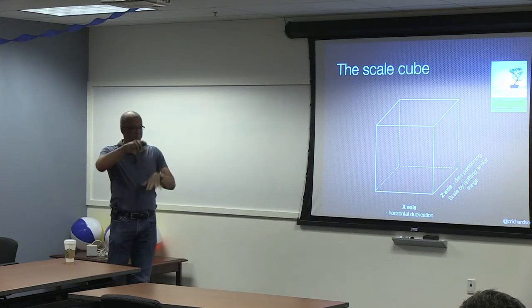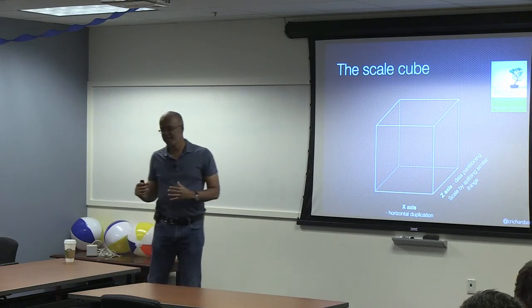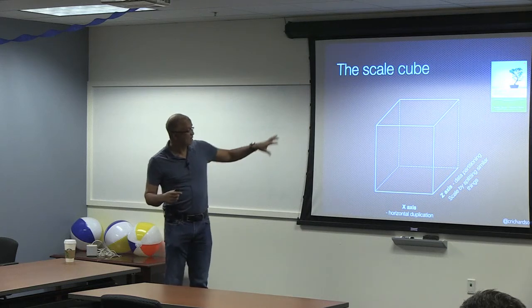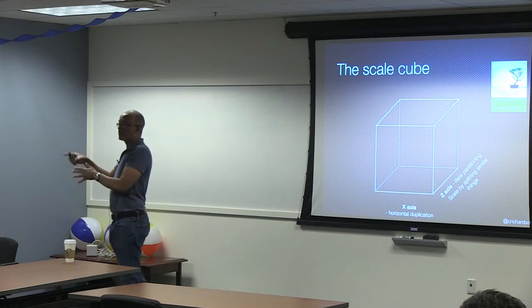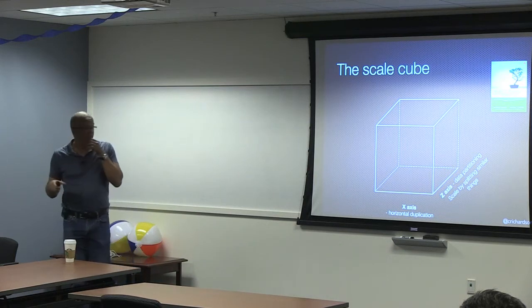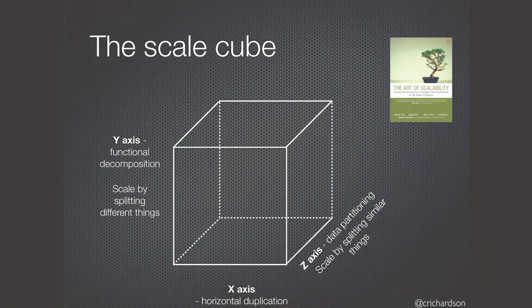So you can do data partitioning both at the app level, but also at the data level. And interestingly, in both x-axis and z-axis scaling, you're actually running identical copies of the application. But where it gets interesting, which is really what microservices is about, is y-axis scaling or functional decomposition.